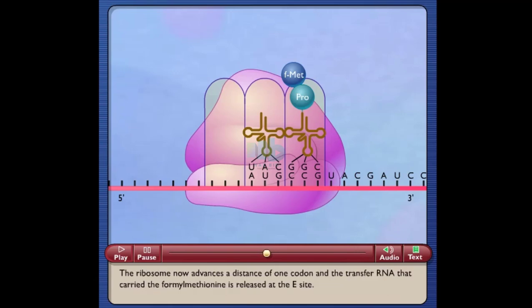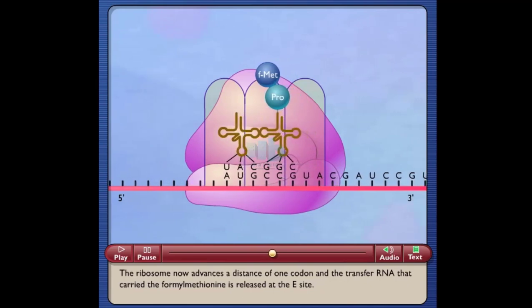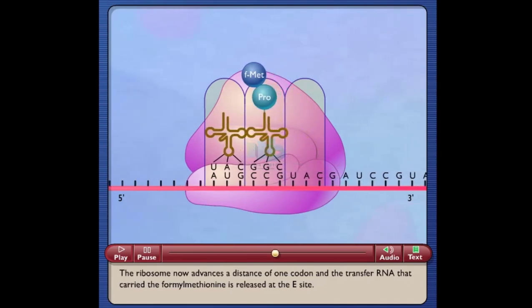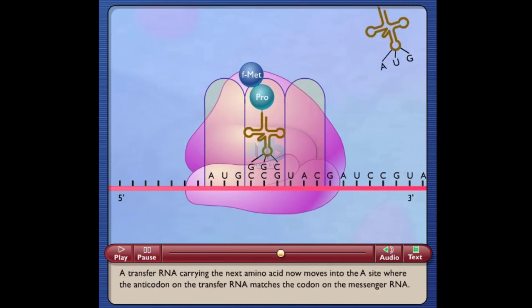The ribosome now advances a distance of one codon, and the transfer RNA that carried the formyl methionine is released at the E site. A transfer RNA carrying the next amino acid now moves into the A site where the anticodon on the transfer RNA matches the codon on the messenger RNA.